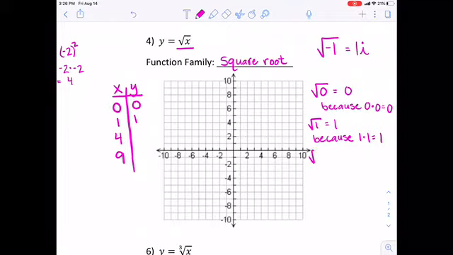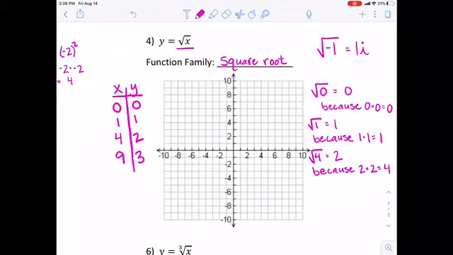Okay, how about 4? The square root of 4 is actually 2 because 2 times 2 equals 4. And same story with 9. The square root of 9 is 3 because 3 times 3 is 9.